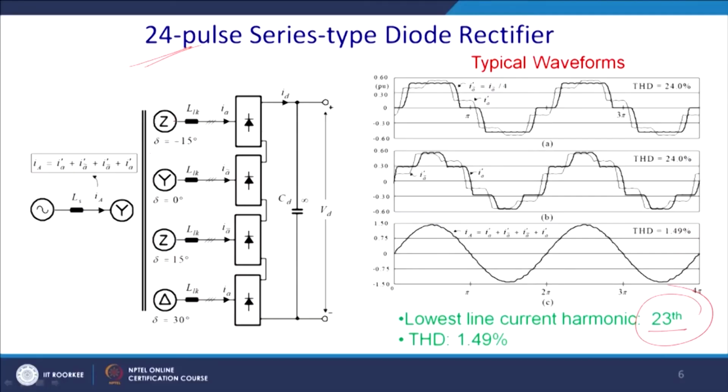Now, in this case, since it is a 24 pulse converter, you will have 4 such converters connected in series, and ultimately you get a huge DC bus voltage, which may be required to feed a multi-level inverter, and that is quite a requirement for high power applications, so this kind of topology fits well.